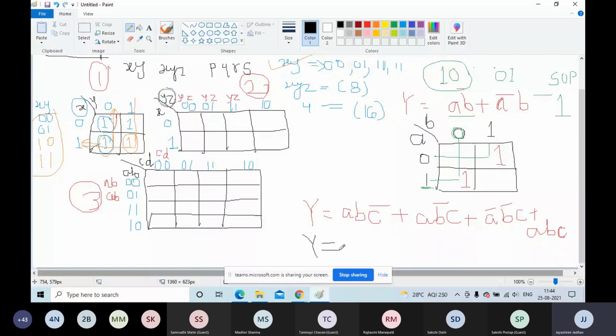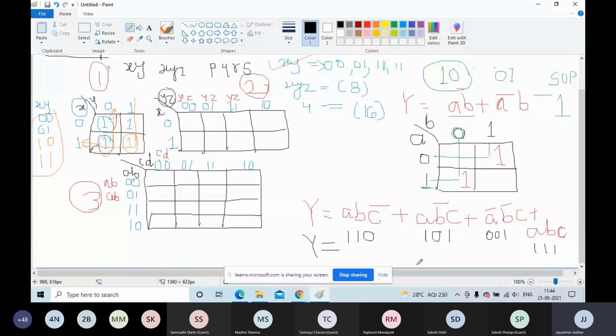First find out those values. Yes, for A. 110. 110, correct. 101. 101, very good. 001. 001. Fine. 111. Very good. 111. So you know the values.